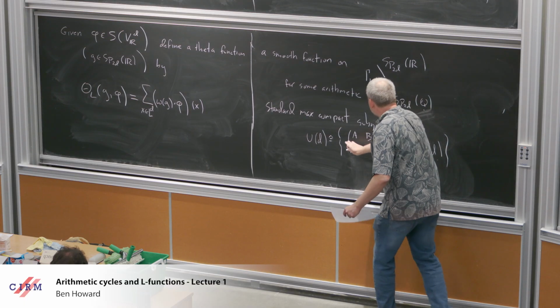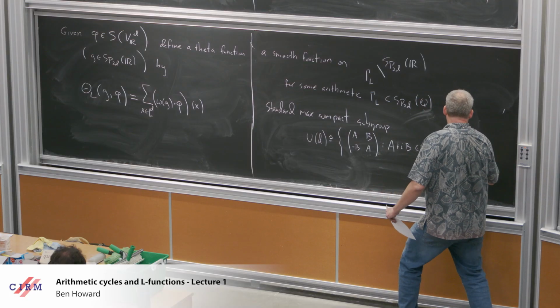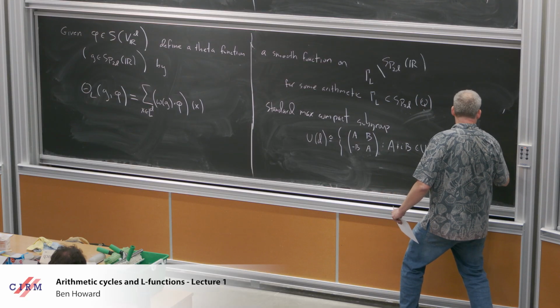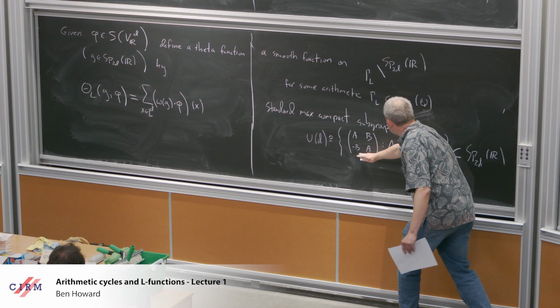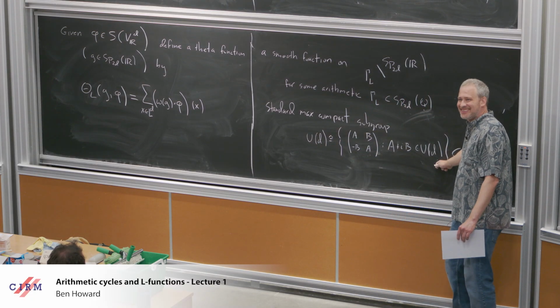So I claim that matrices of this form where A and B have this property is actually a maximal compact subgroup of the symplectic group, and I'm identifying that with the unitary group in this way.